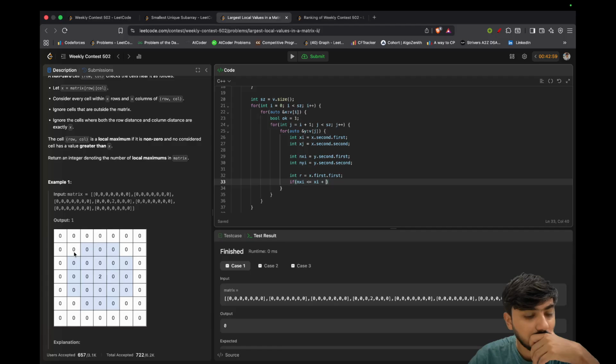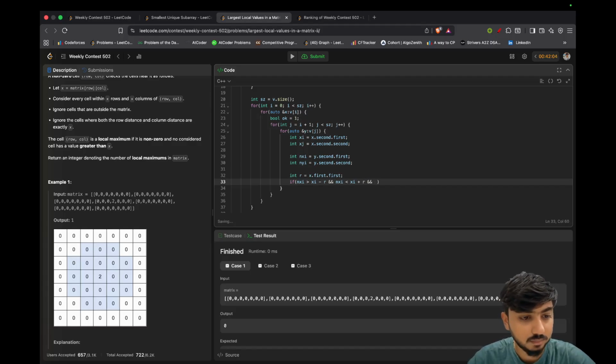That is, okay, is greater than xi minus r and less than xi plus r.